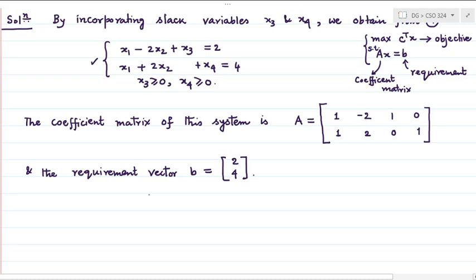To find basic solutions of Ax equals b, what is the process? Let me repeat once more, although we described it on the last day.